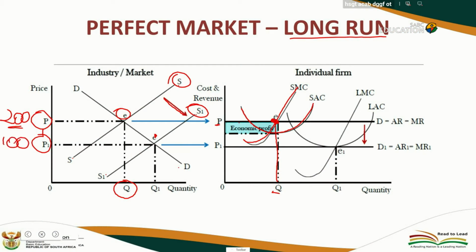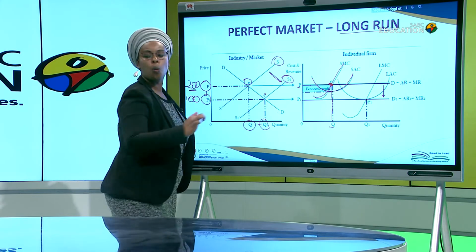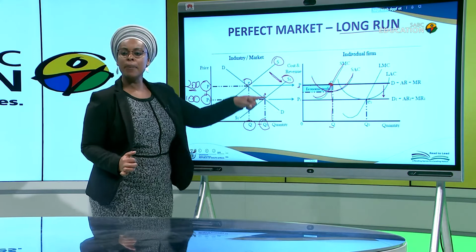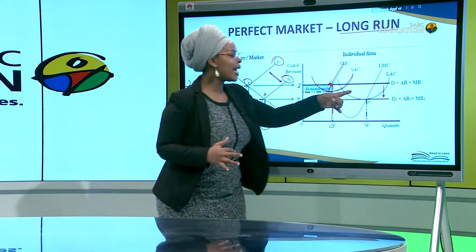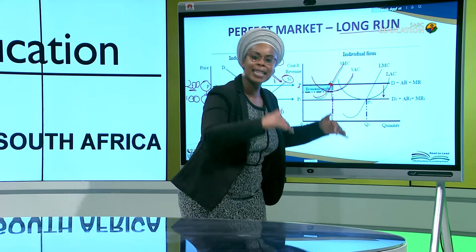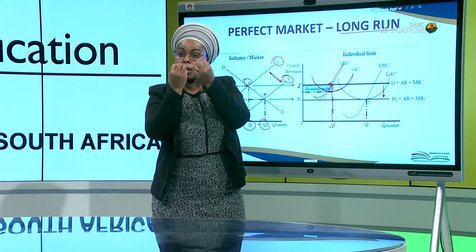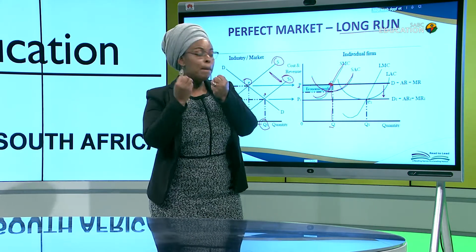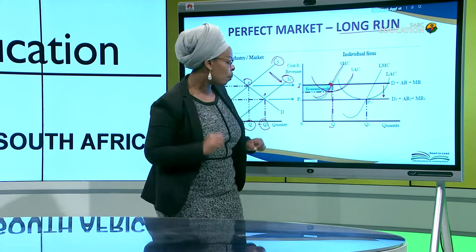Quantity will also increase from Q to Q1 because many sellers have joined the market. Then what happens to the individual firm? Because many sellers have entered the market, the market share for each will be small. And the business will no longer make economic profit. The business will make normal profit.